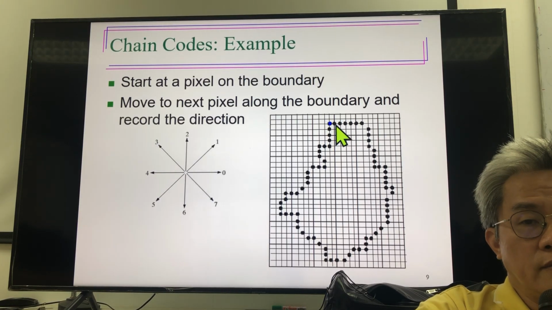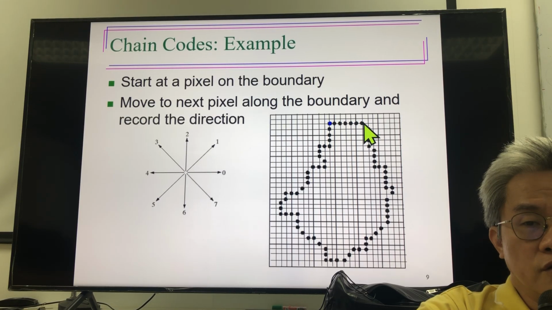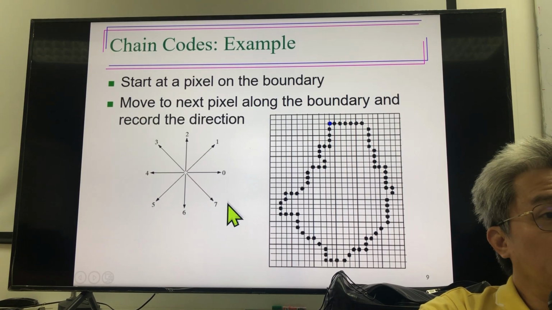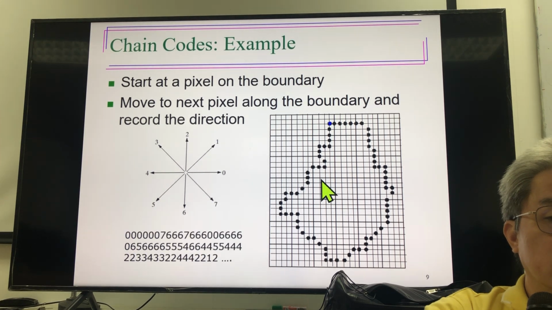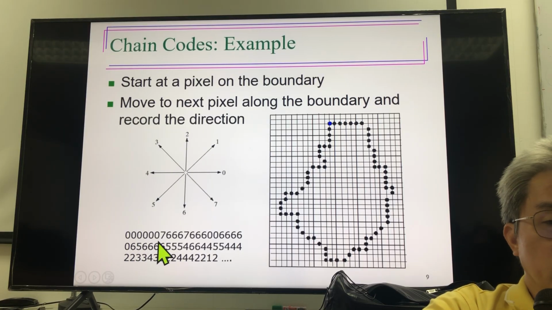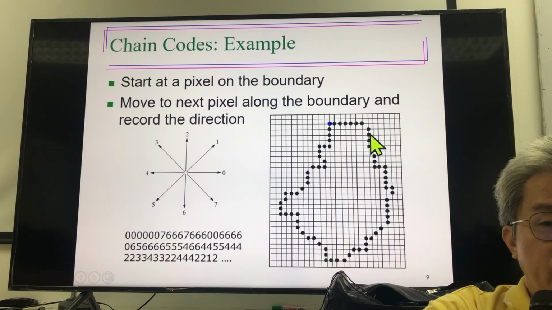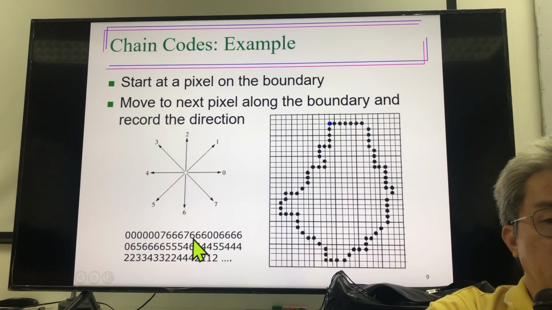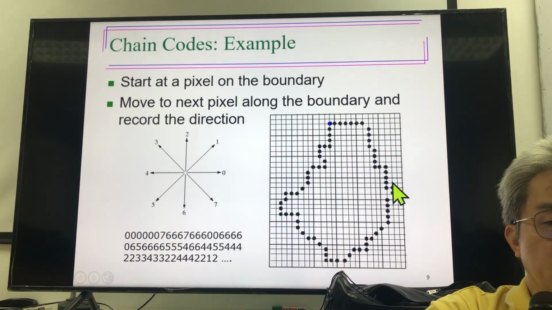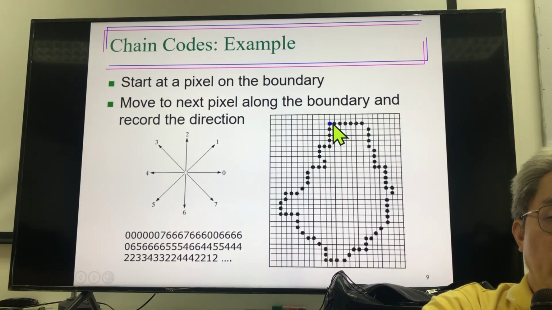So we read 0, 0, 0, 0, 0, 0, and then it goes down diagonally. According to this chain code that is 7. So we read 0, 0, 0, 0, 0, 7, and then directly down is a 6. So you get 6, 6, 6, 6, 6, 6, and then 7 again, and then 666, and then 00, and then 66666, and so on. So you read along the boundary, and you get this chain code.